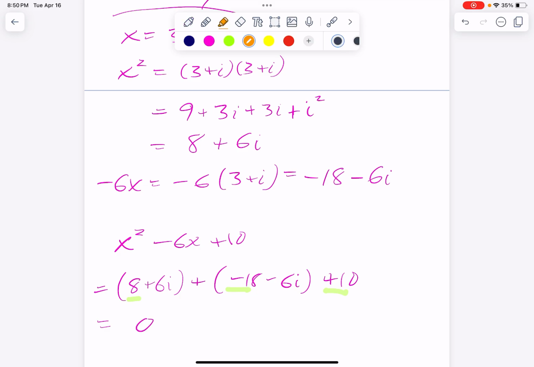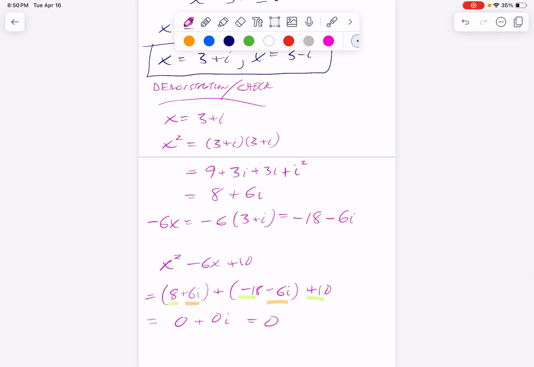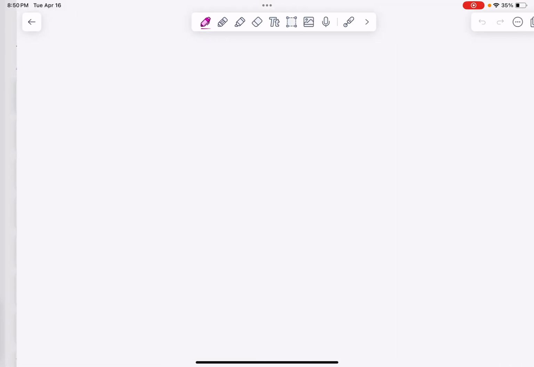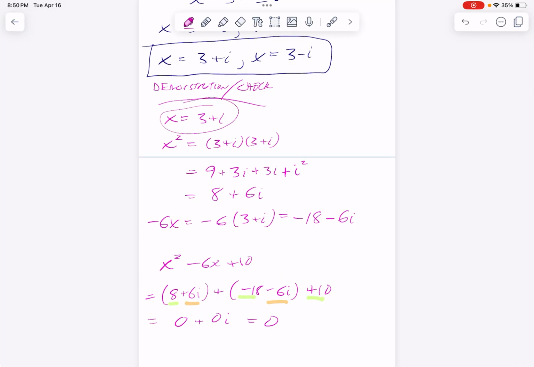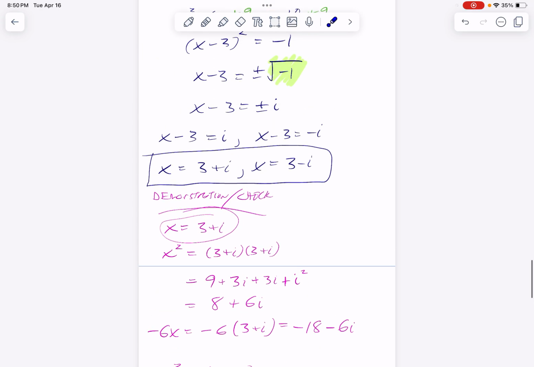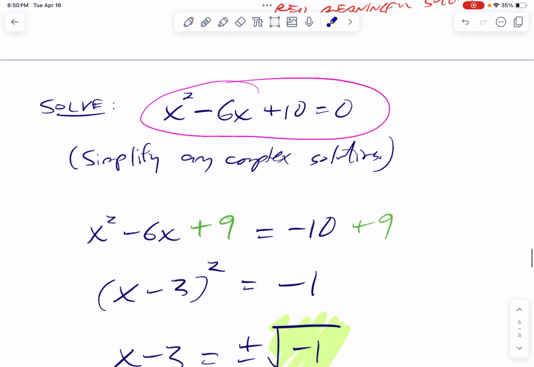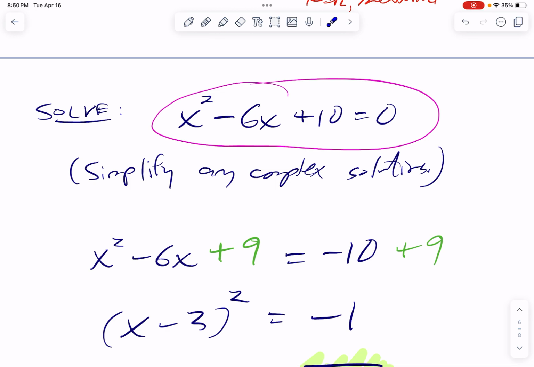Our imaginary stuff is 6i minus 6i, so that's basically no imaginary things, and we really do get 0. If x is this non-real number, this complex number, it really is a number that makes the equation x squared minus 6x plus 10 equals 0 true.